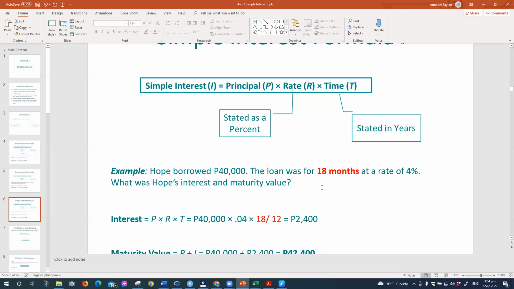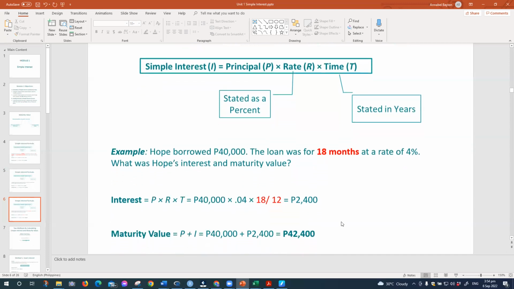Right? So divide by 12 again. So you notice that the interest is now 2,400. Eh, kanina 800 lang. And if you can see the formula, makikita natin na there is a direct relationship between interest and your principal, your rate, and your time.